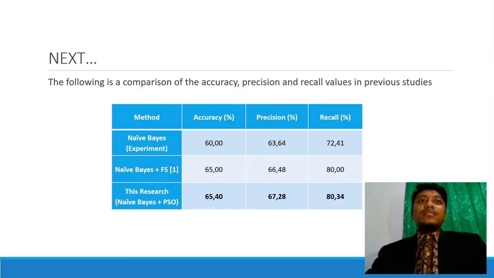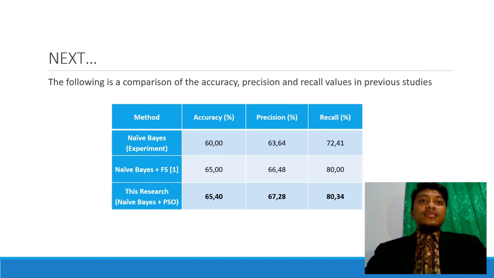The following is a comparison of the accuracy, precision, and recall values in previous study. Method number 1, Naive Bayes algorithm, Naive Bayes experiment, accuracy 60% and precision 63.64% and recall 72.41%. Method number 2, Naive Bayes plus forward selection, accuracy 65% and precision 66.48% and recall 80%.